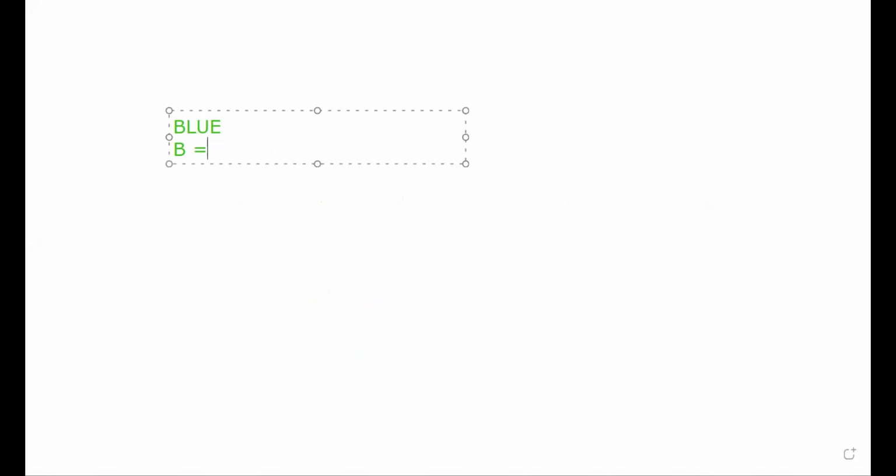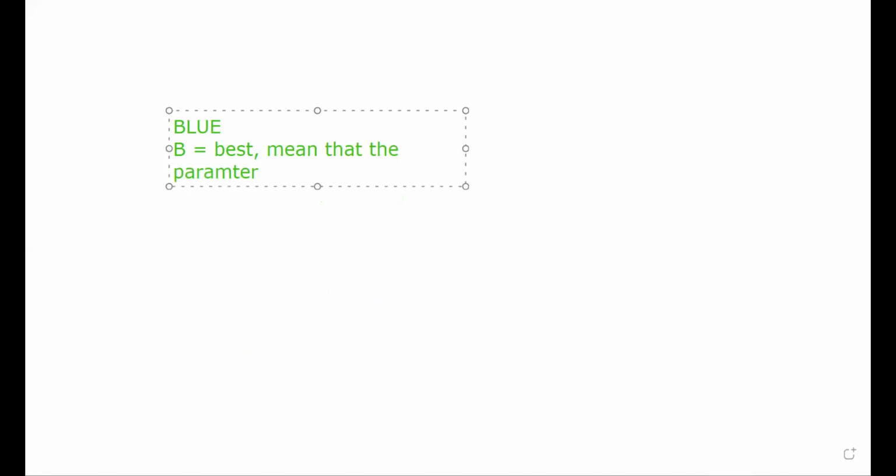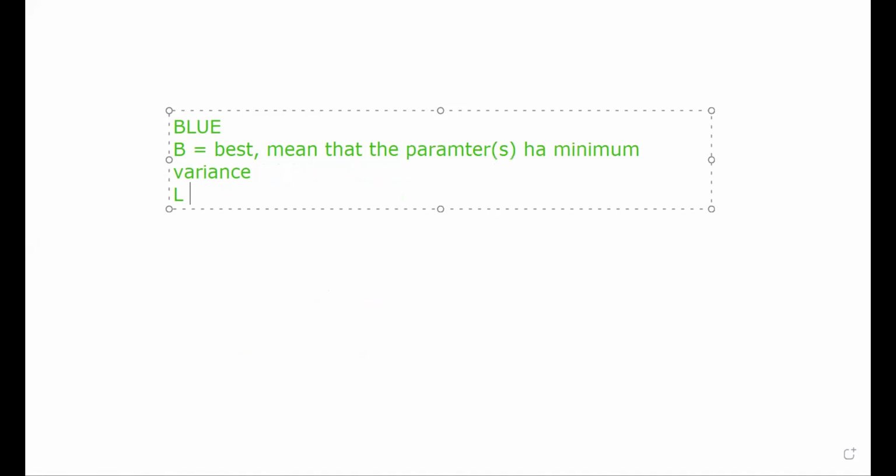B is best, means the parameter has minimum variance. Okay. L is linear. We explained already, linear in parameters.